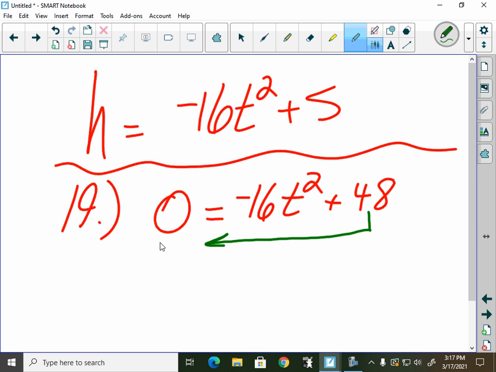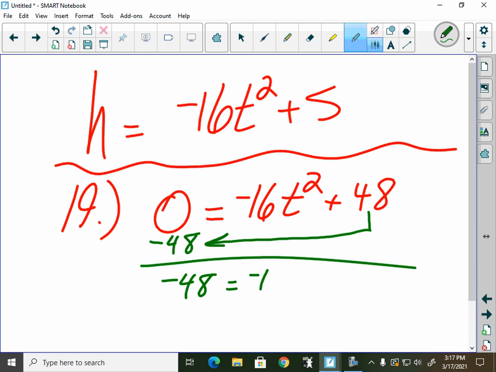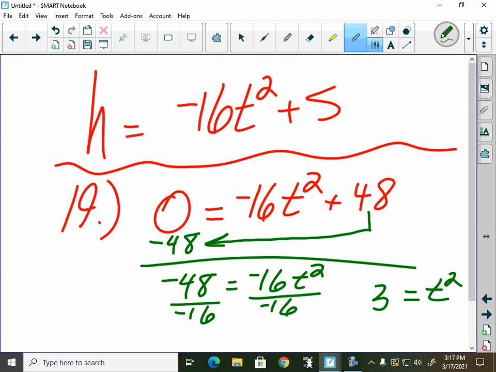Negative 48 equals negative 16t squared. Then I'm going to divide by negative 16 on both sides, and I'm going to get 3 equals t squared.